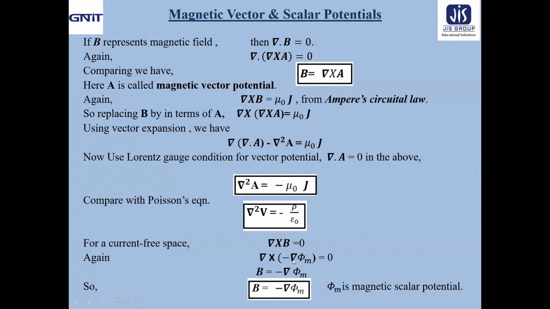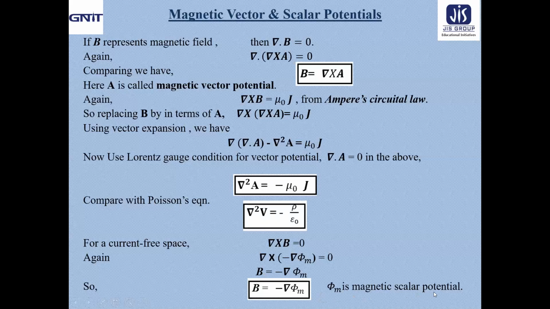Now if you compare with it, you will get B equal to minus grad phi m. This is the relationship for the magnetic scalar potential phi m with B. Why are we using the negative sign? Because the negative sign represents that the direction of the field is always from higher to lower potential.